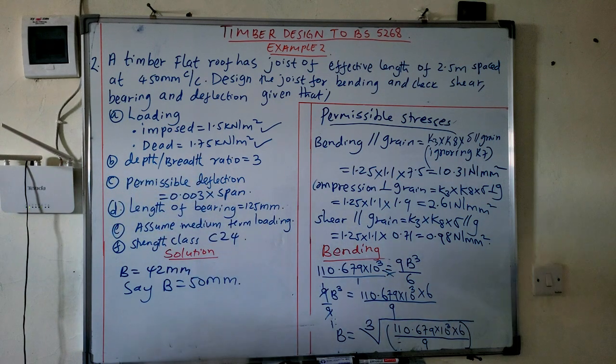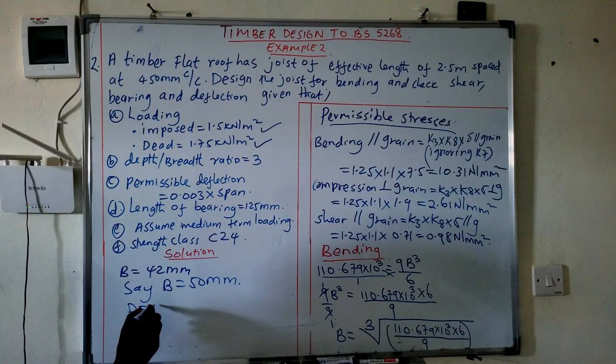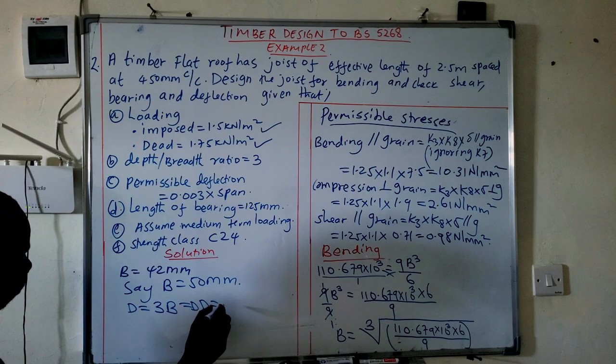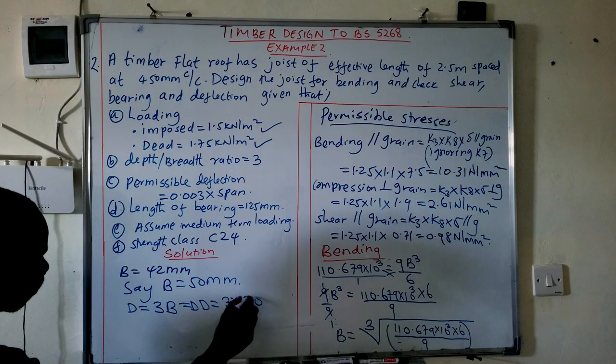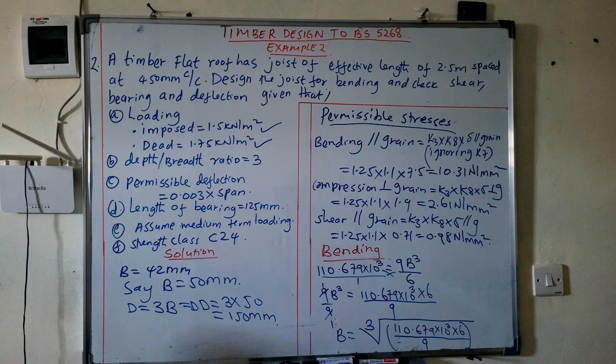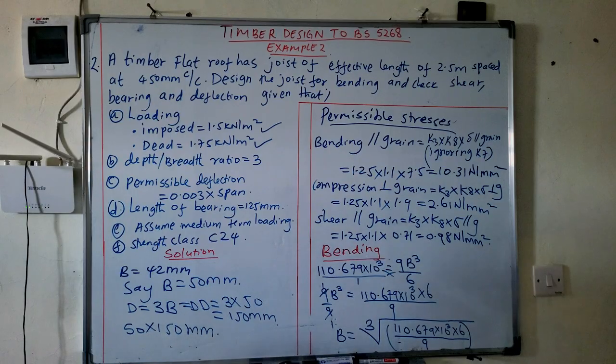So D is equal to 3B, which implies D is equal to 3 times 50, so this one is 150 millimeter. So the size of timber that will be used to design this timber flat roof is 50 by 150 millimeter. This is the breadth, this is the depth.